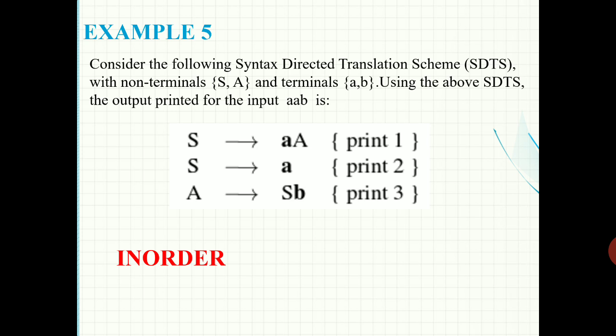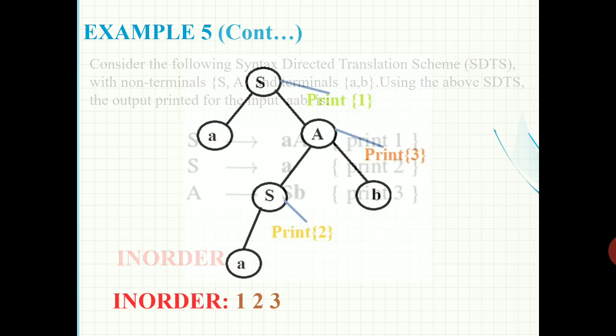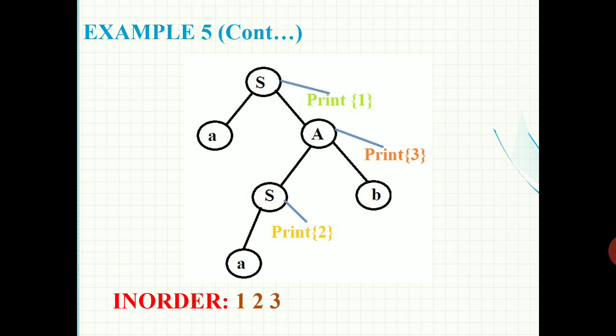If it mentions L-attributed, then you should go to in-order. If it mentions S-attributed definition, you should go to the reverse of RMD. If nothing is specified, you can go for the leftmost derivation. So the in-order traversal of this will print 1 2 and 3.